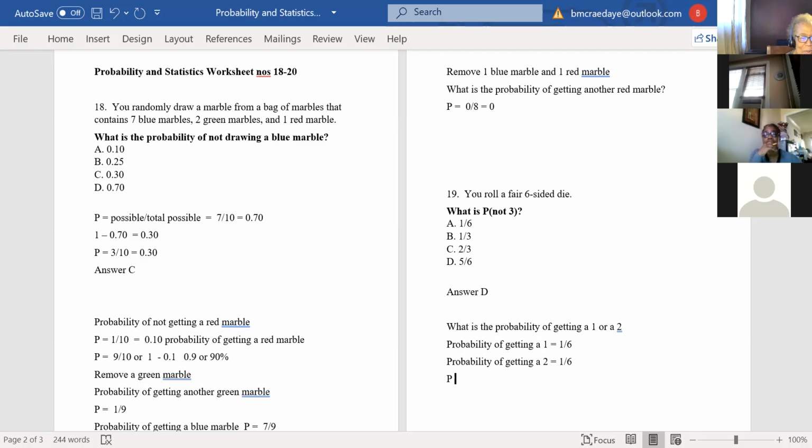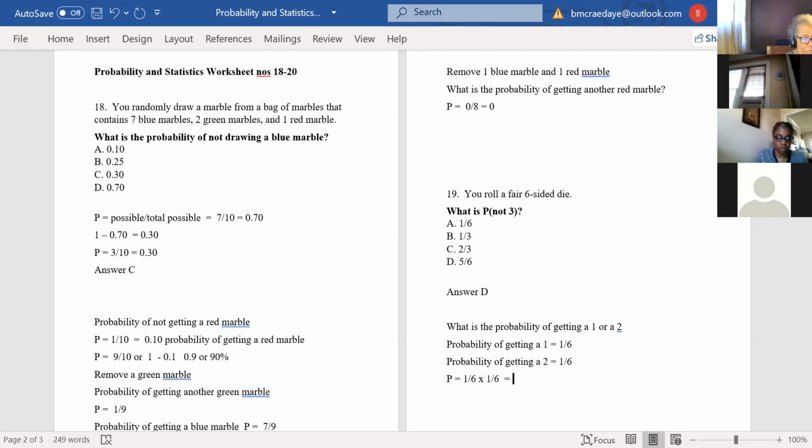Remember what I said when you have 2 things, probability when you multiply. So probability will be 1/6 times 1/6. No, I don't think that's right.